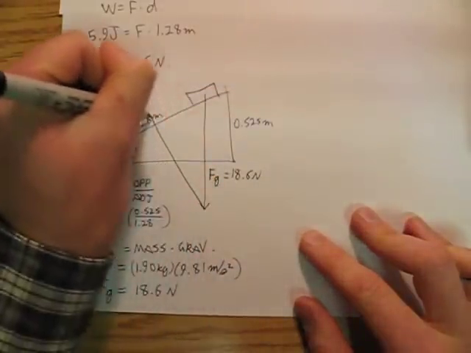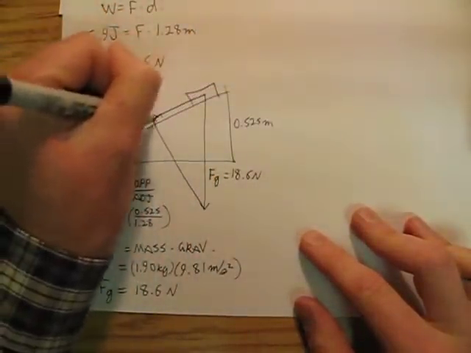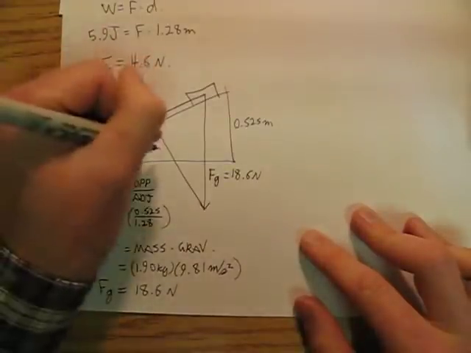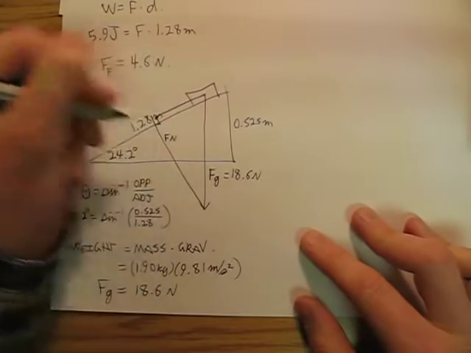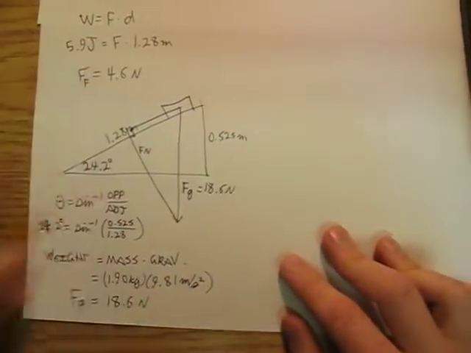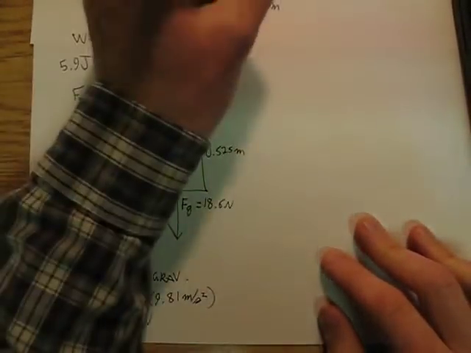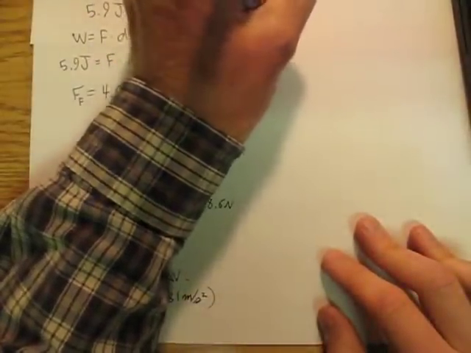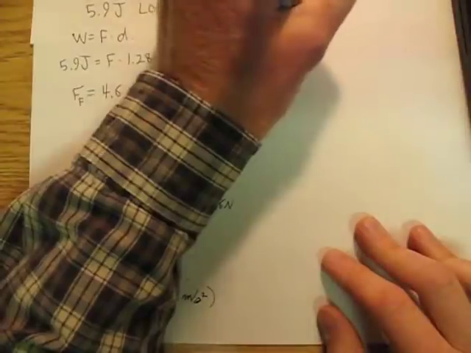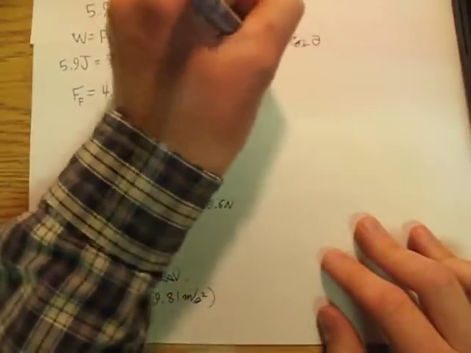I'm going to come back up here. I'm going to make a triangle, and right here, force normal. Well, my force normal is going to be equal to force gravity cosine theta.